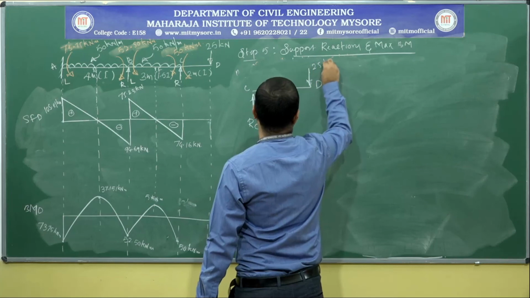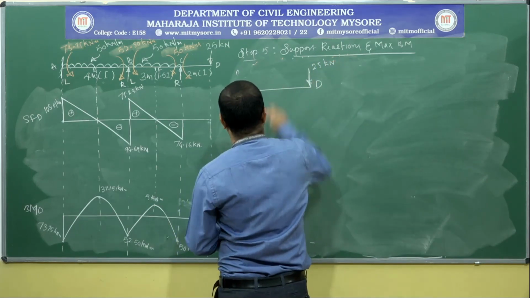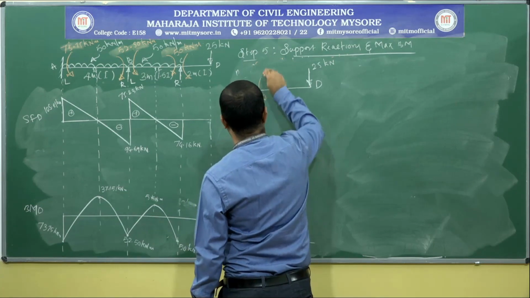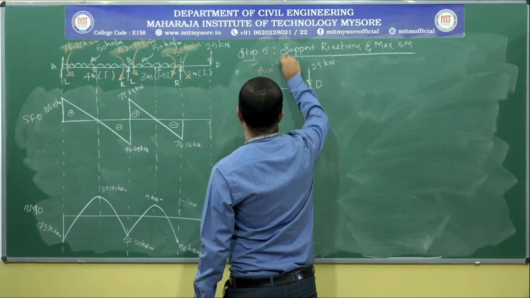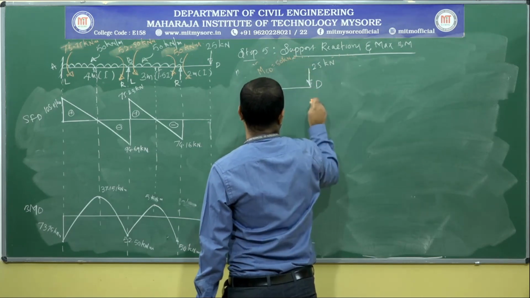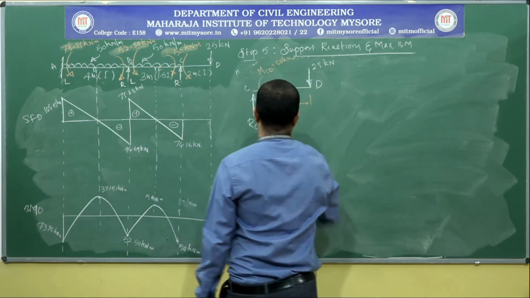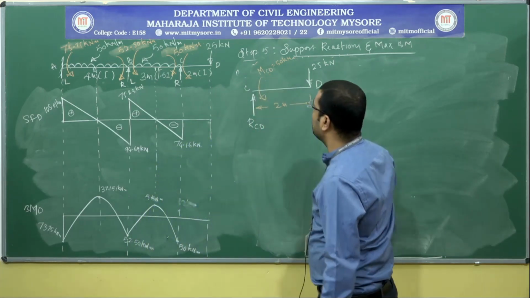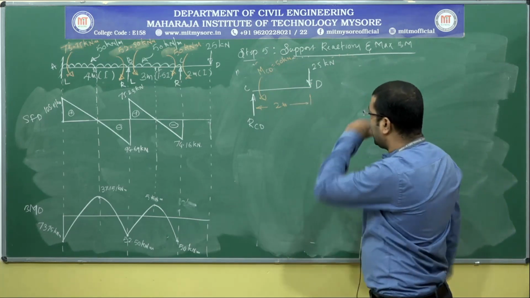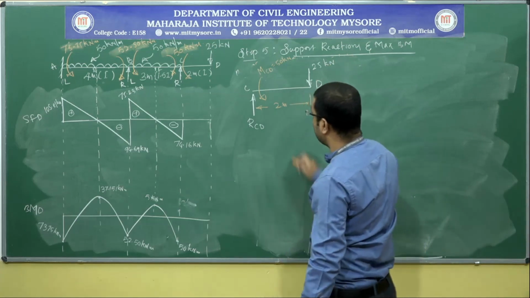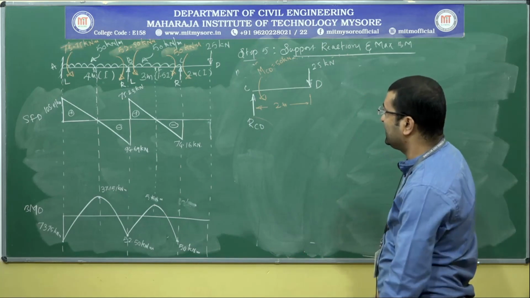This is about 25 kilonewton. Apart from this, we have a moment, that is MCD, which is 50 kilonewton meter. As this distance is about 2 meter, we have already found the value of final end moment MCD, and MDC is 0. So what we need to do here is just determine the value of RCD.